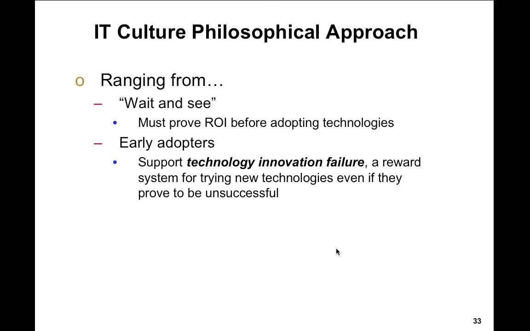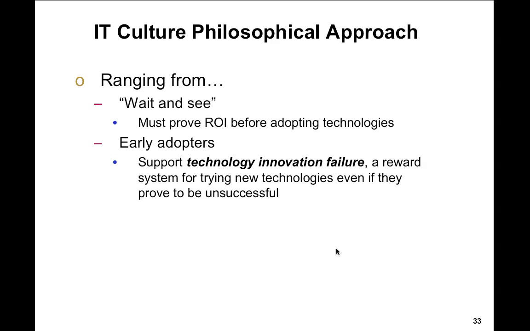Or we have what's called the early adopters. These are the people that wait in line at the store to buy an iPhone when it first came out. The companies that run out and buy before it's even ready, before it's even tested. They're already implementing this new technology because they want a competitive advantage, or they're eager and anticipating that it's going to be good.